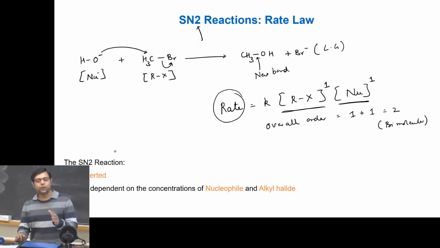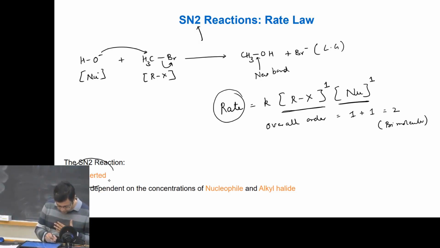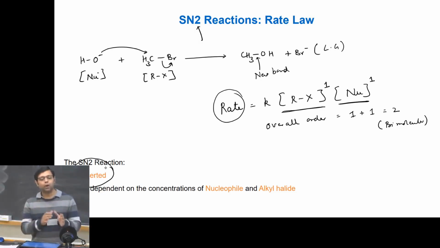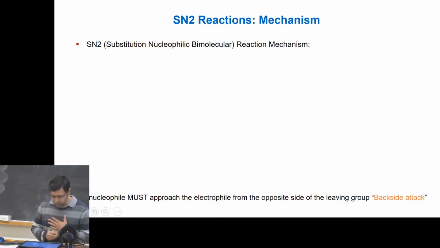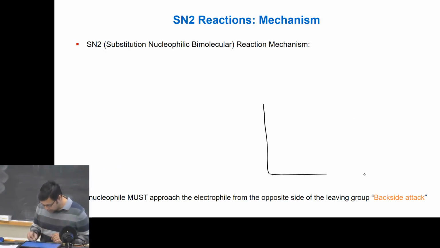Now the SN2 reaction is a concerted reaction, meaning all the bonds are broken and formed at the same time. It's a one-step reaction. So let's now draw the reaction coordinate diagram for an SN2 reaction. The y-axis is the energy. The x-axis is the progress of the reaction.